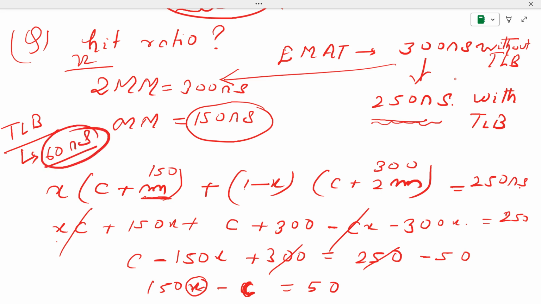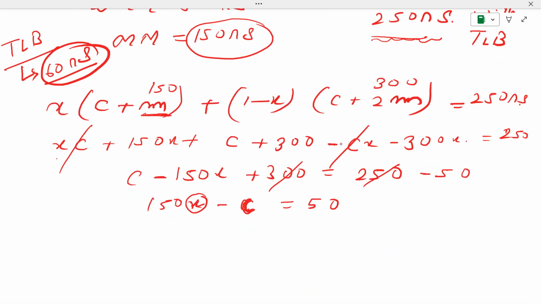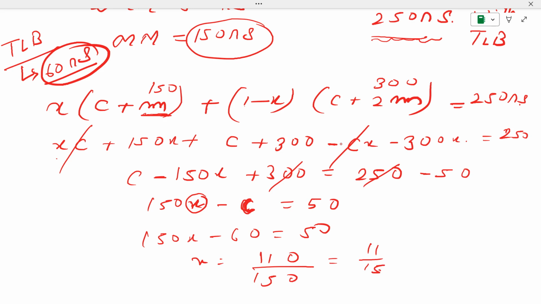So unless and until it's given, we can't solve this, right? There are two variables here. So now we have this 60 nanosecond. So 150x minus 60 equal to 50, and x equals 110 upon 150, which is equal to 11 upon 15, and this can be written as 73.33%.